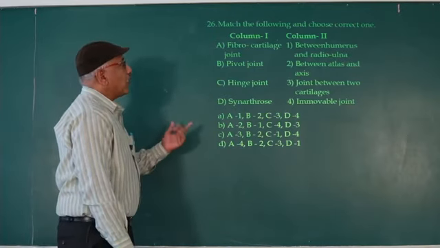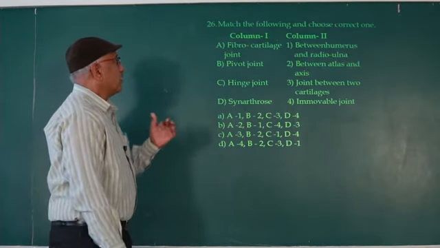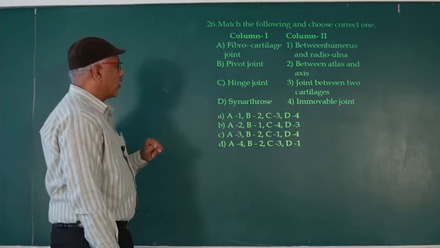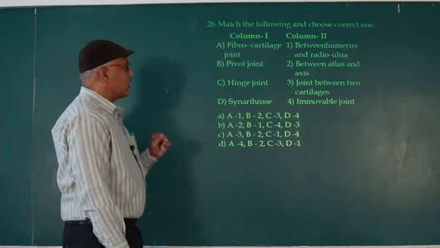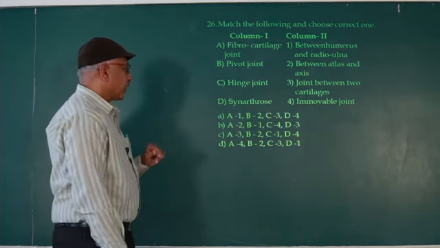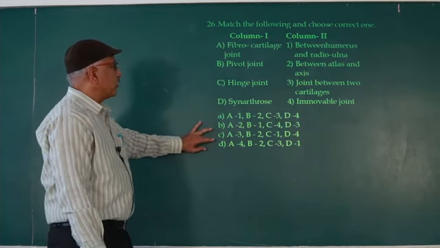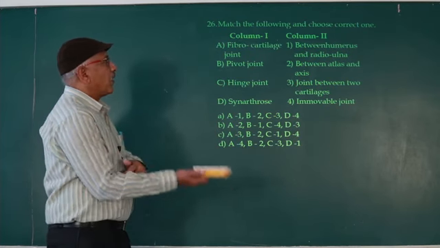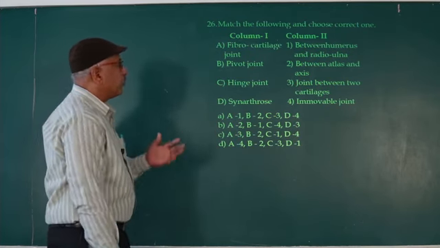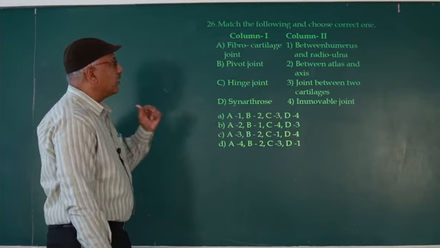match the following. Fibrocartilage joint, pivot joint, hinge joint, synarthrosis. Synarthrosis means immobile joint. Hinge joint between humerus and radio-ulna is a hinge joint.